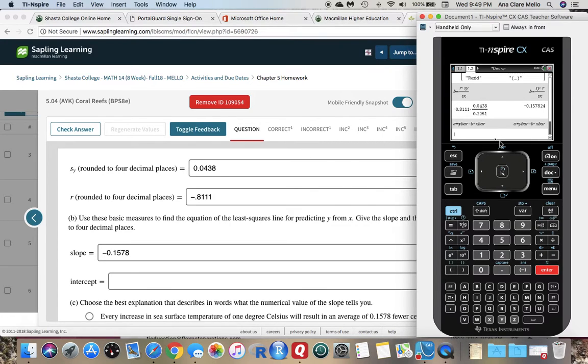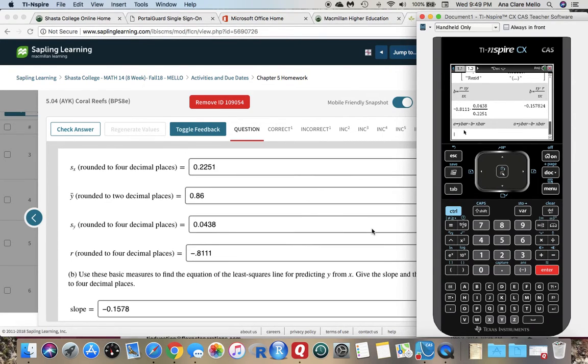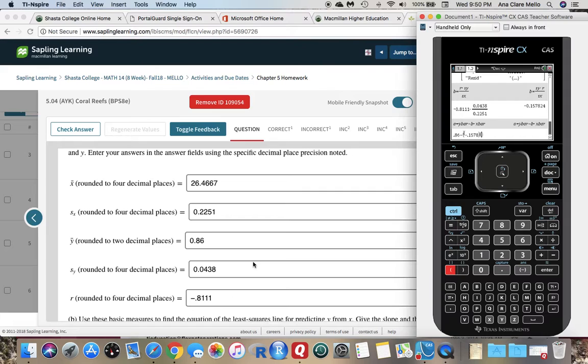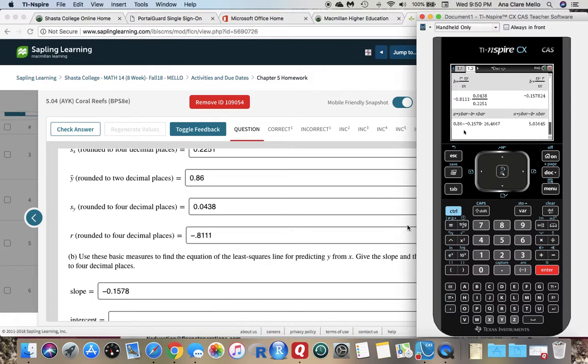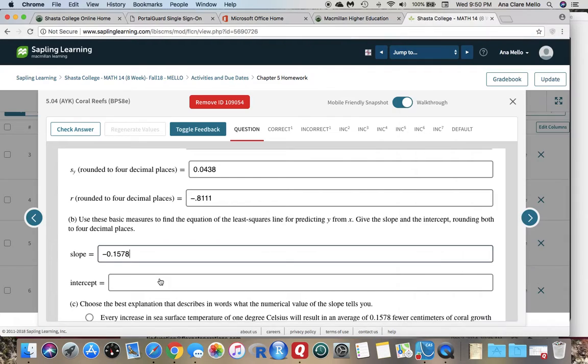So y bar was 0.86 minus B, which we just calculated, was negative 0.1578 times x bar, which was 26.4667. Now we have A as 5.03645, rounding that to 4 decimal places, 0.0364.